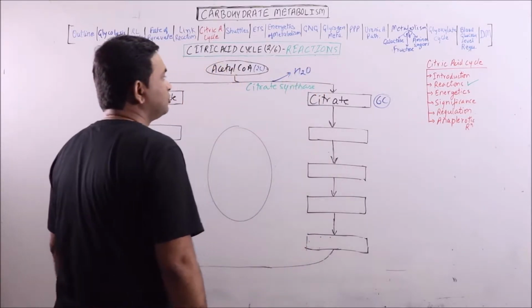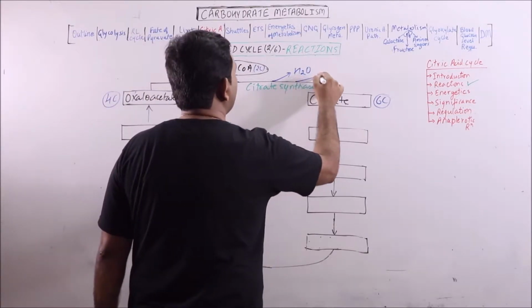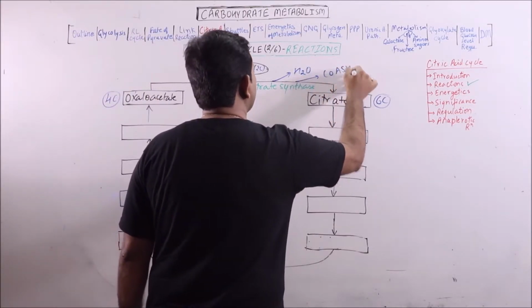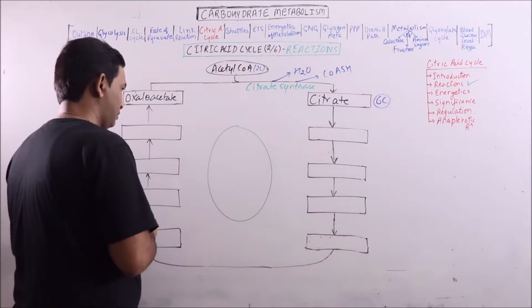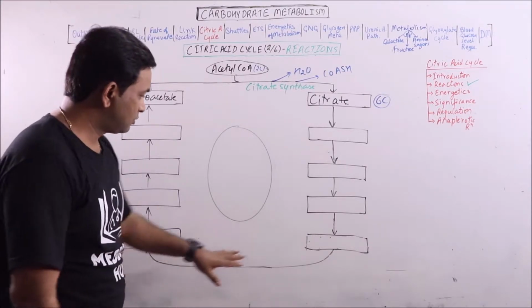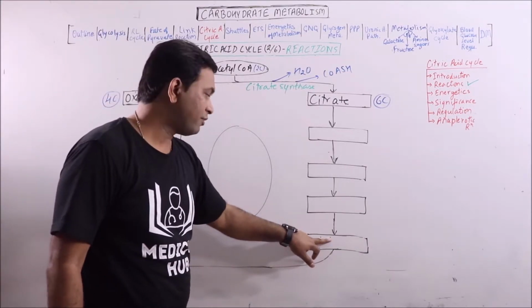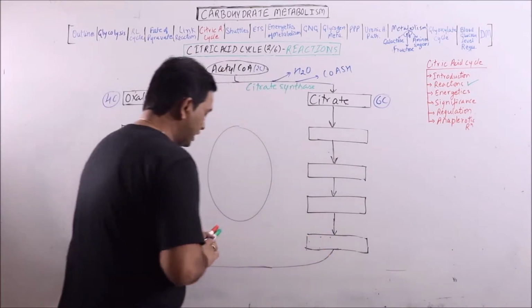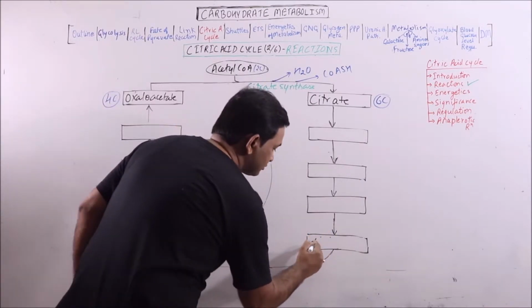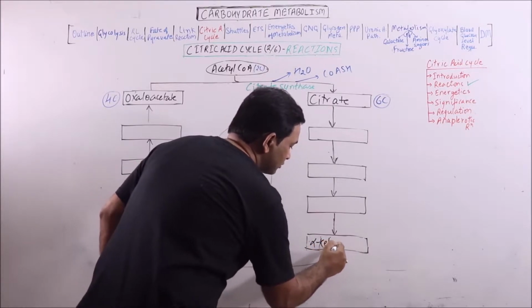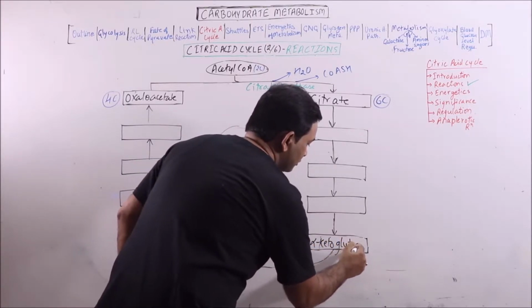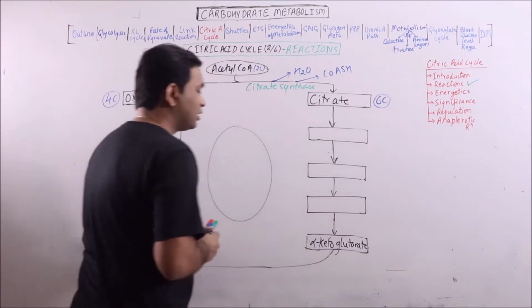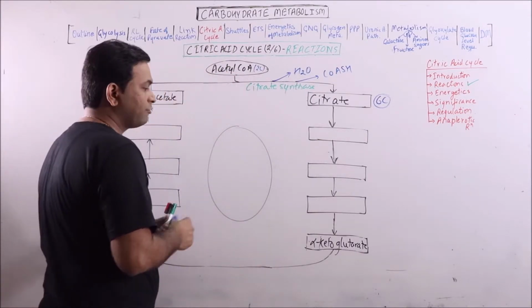One molecule of H2 is released and also the reduced coenzyme. Now, this is the compound number 5, alpha ketoglutarate, which is the only compound having 5 carbons.